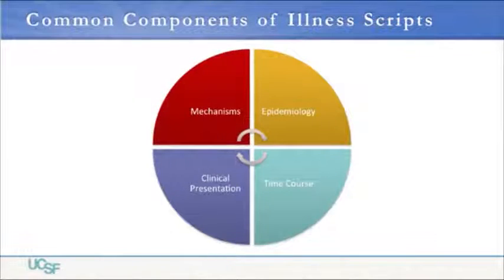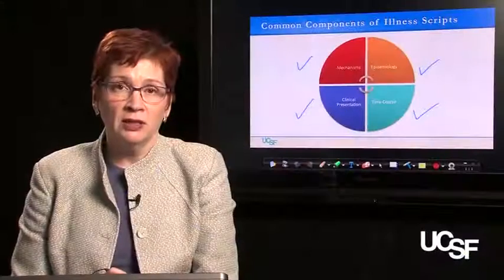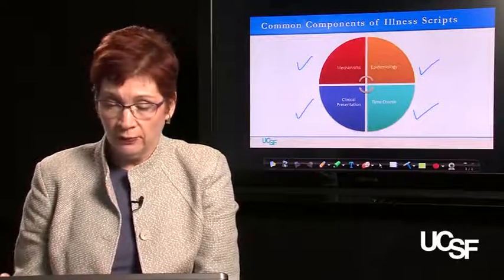We hope that you remember that the four basic components are epidemiology, who gets the disease, time course, how does the disease present with respect to time, clinical presentation, the classic signs and symptoms that are unique or representative of this disease, and mechanisms of how the disease occurred, whether pathophysiology, abnormal anatomy, or exposure issues.